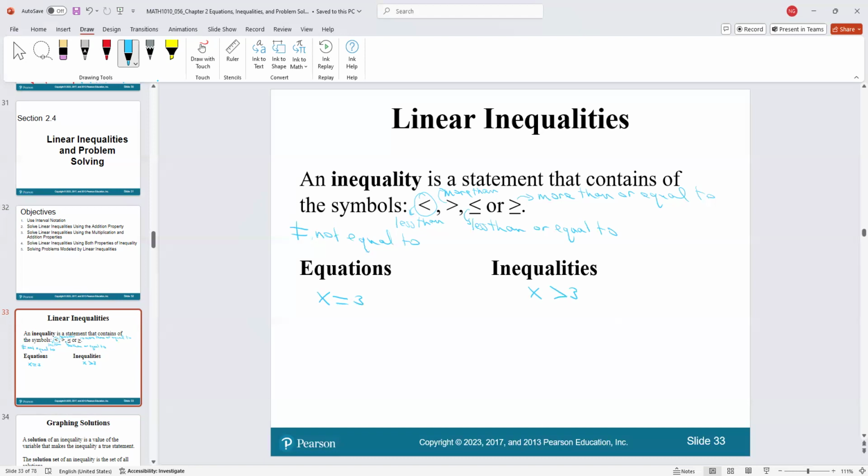Equations, for example, you can see 12 equals 7 minus 3y. That's an equation. But if I said 12 should be less than or equal to 7 minus 3y, that is an inequality, right?